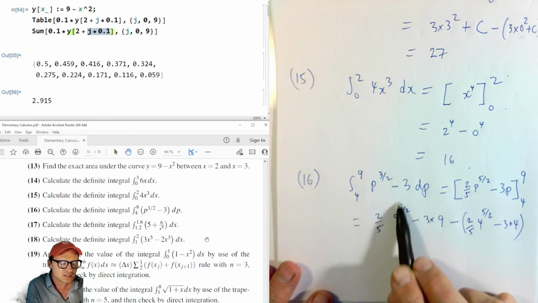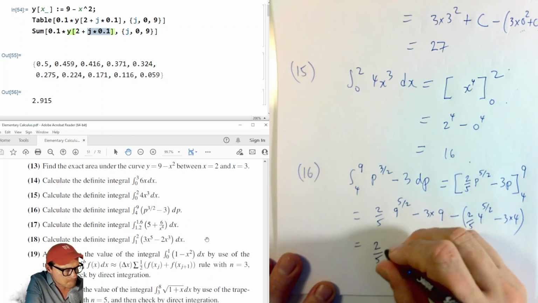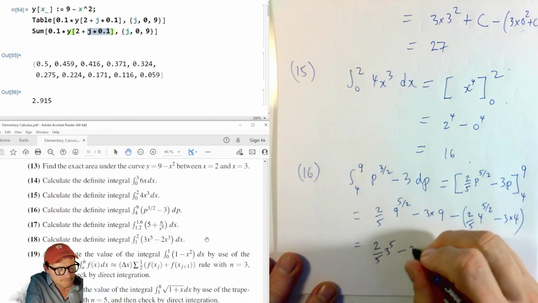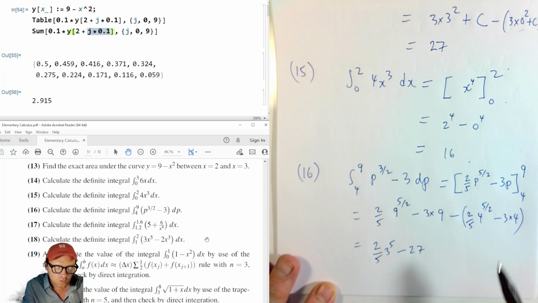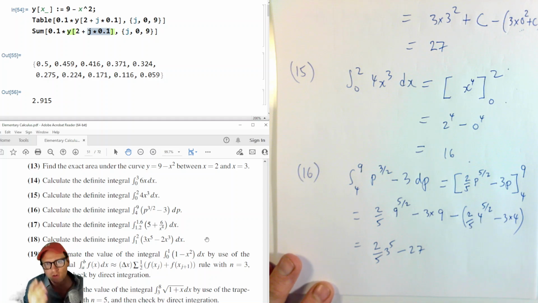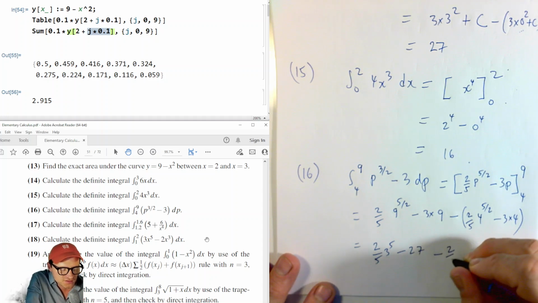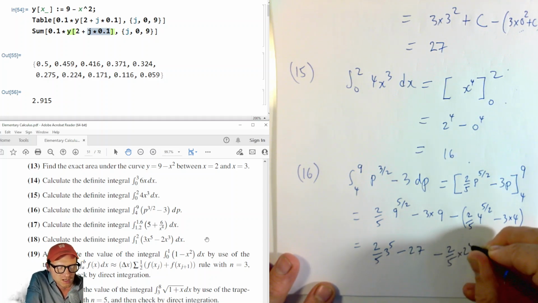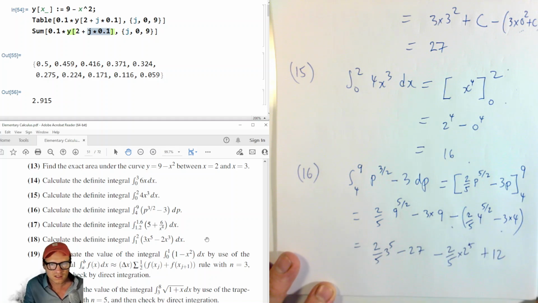So this is 3 to the power of 5. 3 times 9 is 27. Now 4 to the 1/2 is the square root of 4, which is 2. So 2 to the power of 5 there. So minus 2/5 times 2 to the power of 5, and then plus 12 because we have two minus signs.